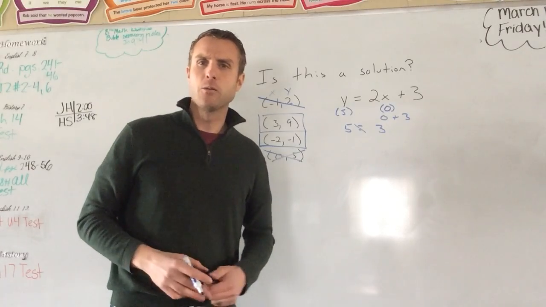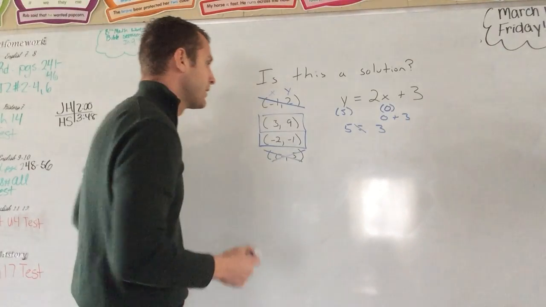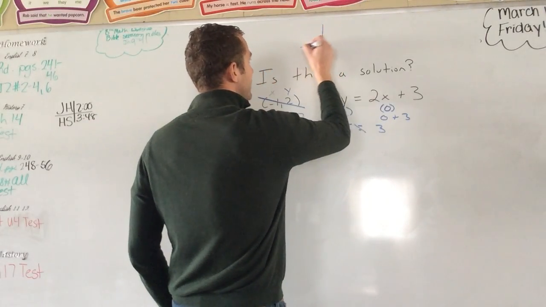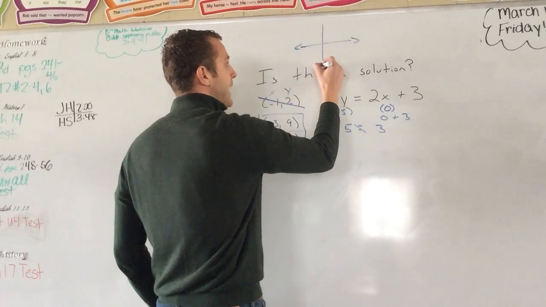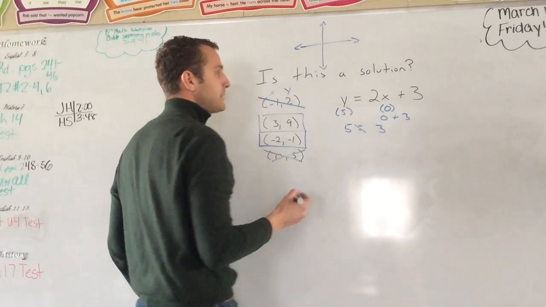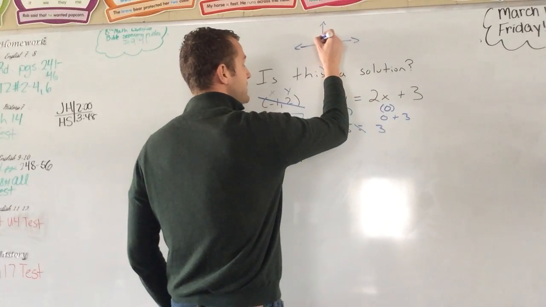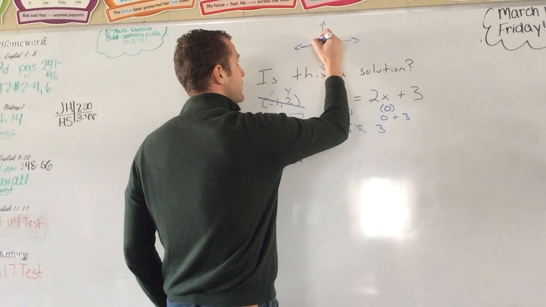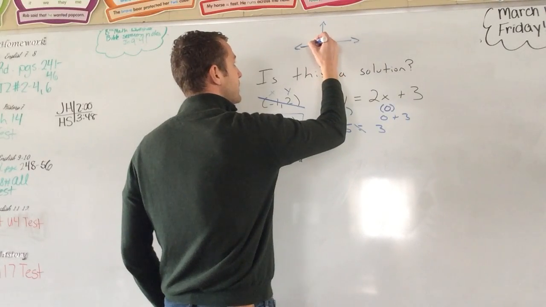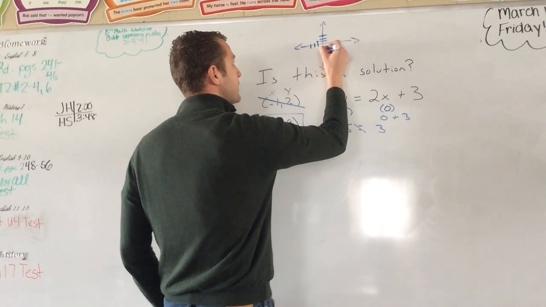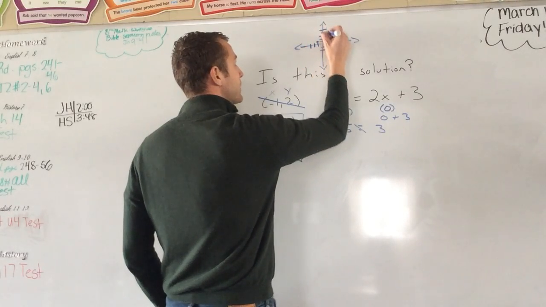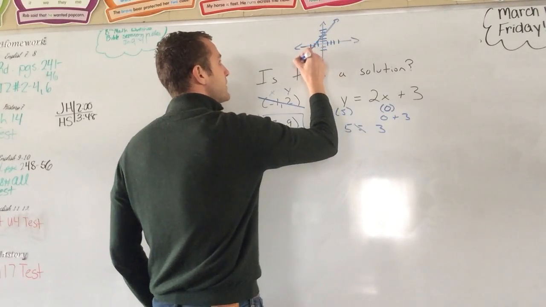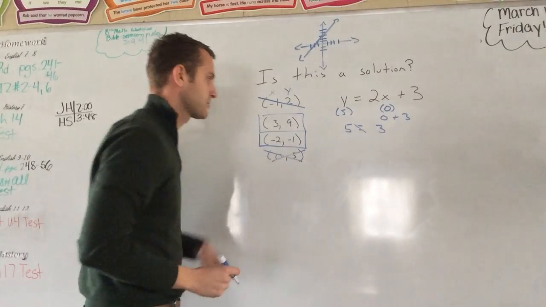What does this mean? Well, I can show this on a graph. If I were to graph this line, and we will go over how to graph lines in the coming lessons, that would be the graph of y equals 2x plus 3.